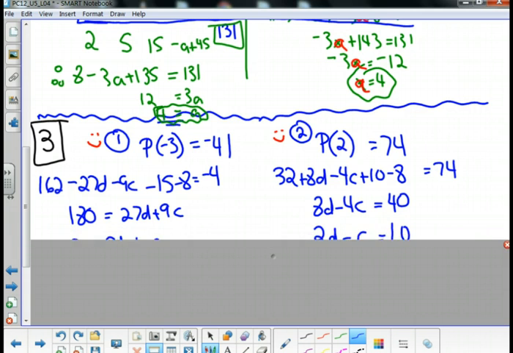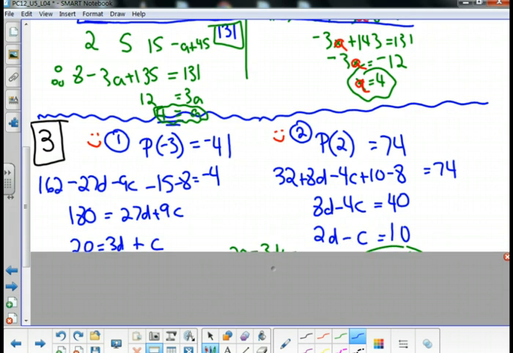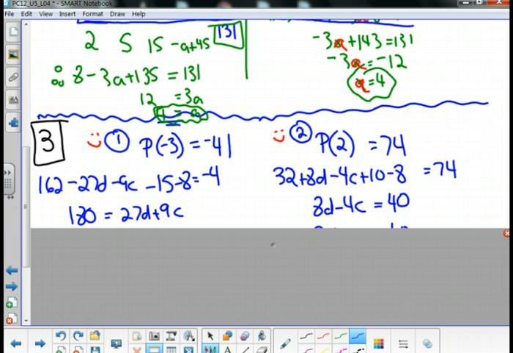In the end, that equation simplifies to 180 equals 27D plus 9C. And the second constraint becomes 8D minus 4C is equal to 40.